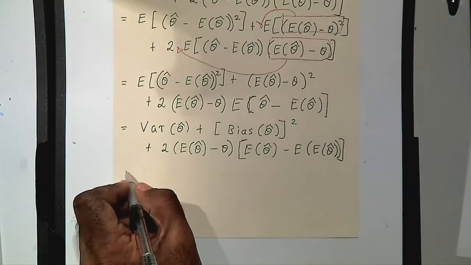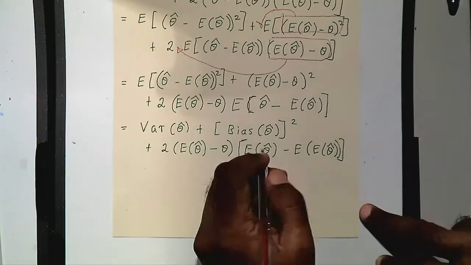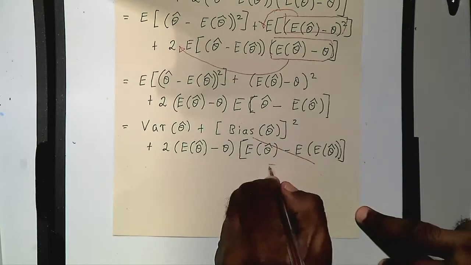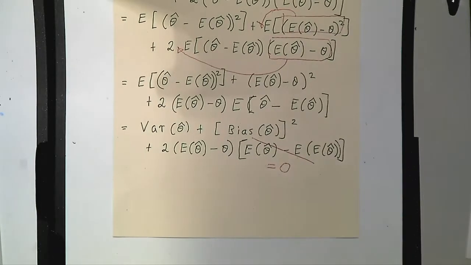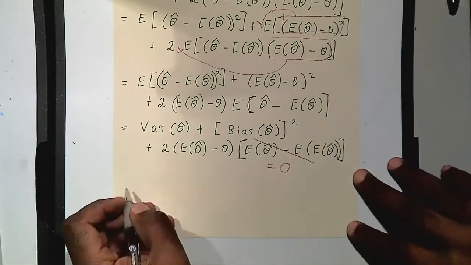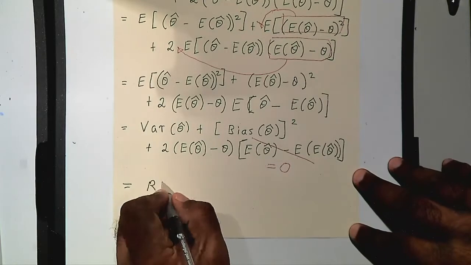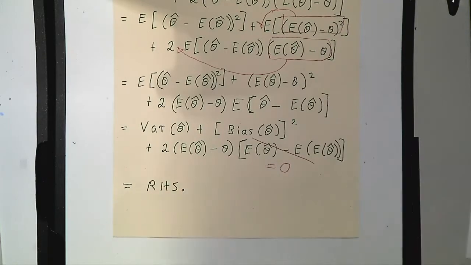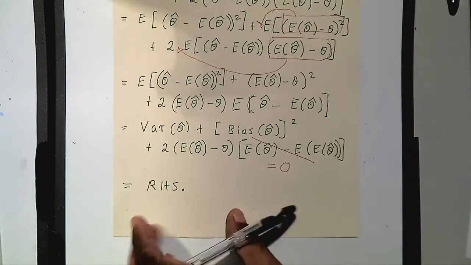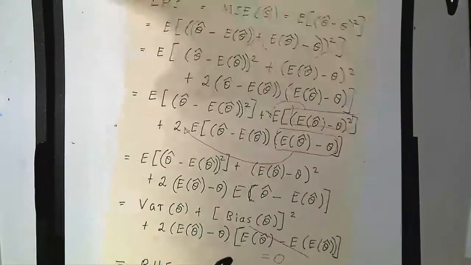So this guy here is equal to 0. So we have proved that the left-hand side is equal to the right-hand side, right? That's a simple proof, right?